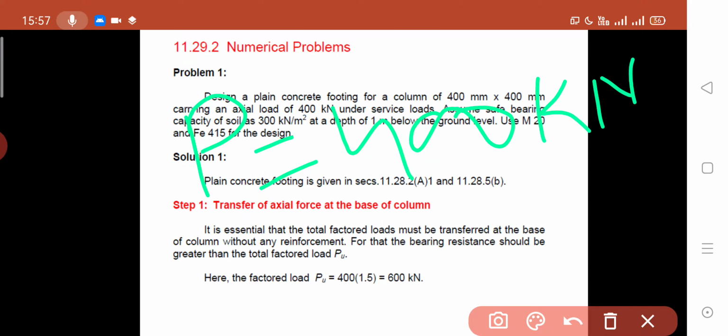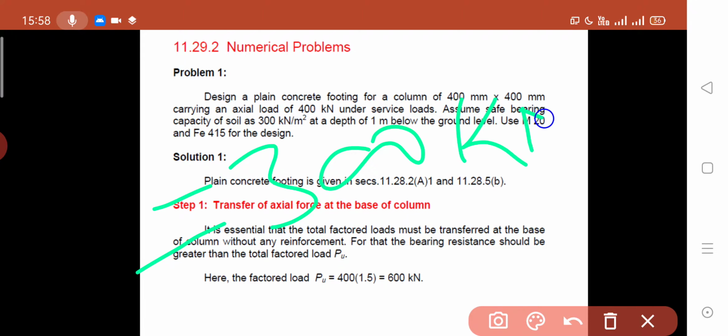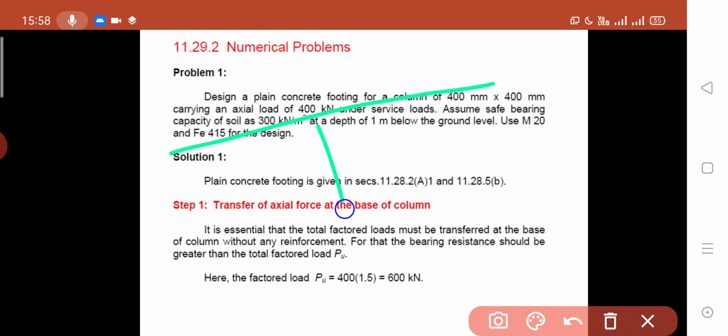This is the axial load under service loads. Next, the safe bearing capacity of soil, which is 300 kilonewton per meter square. And this footing is 1 meter below the ground.